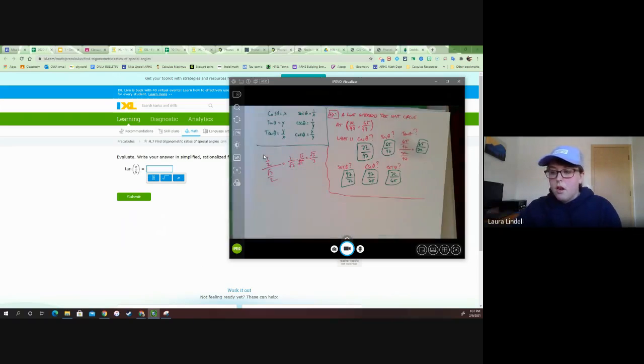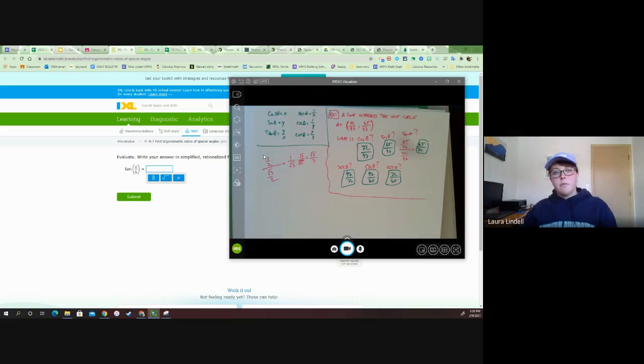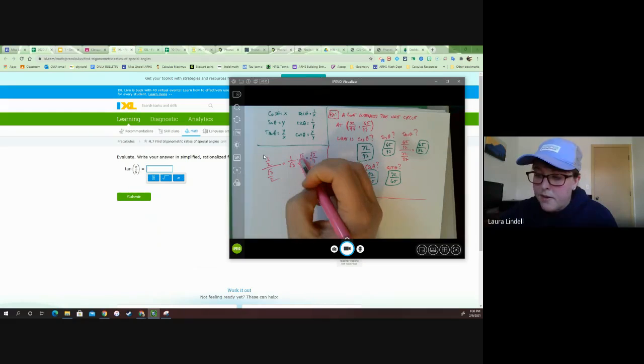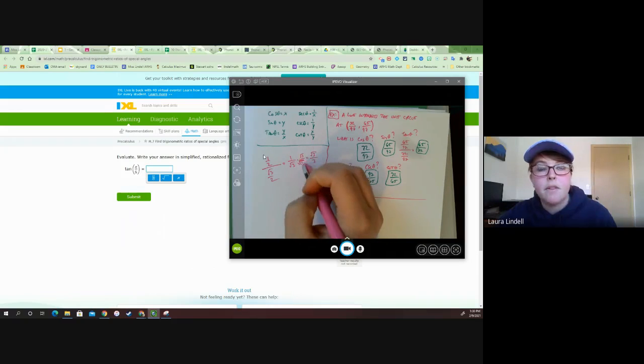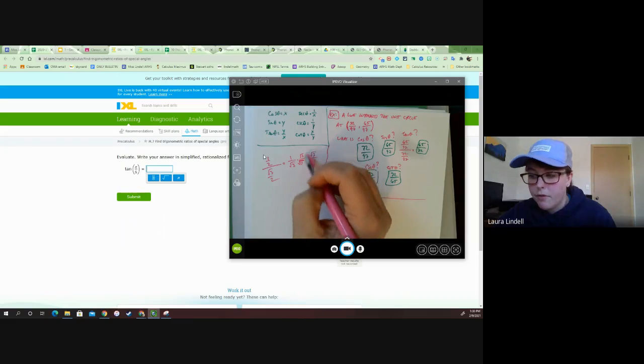If you flip and multiply, you get rid of the 2's and you just end up with 1 over √3. But then, since you can't leave a √3 in the denominator, you rationalize by multiplying by √3 on the top and on the bottom, since that's like multiplying by 1. So 1 times √3 is √3. √3 times √3 is 3. So that's where we get √3 over 3.